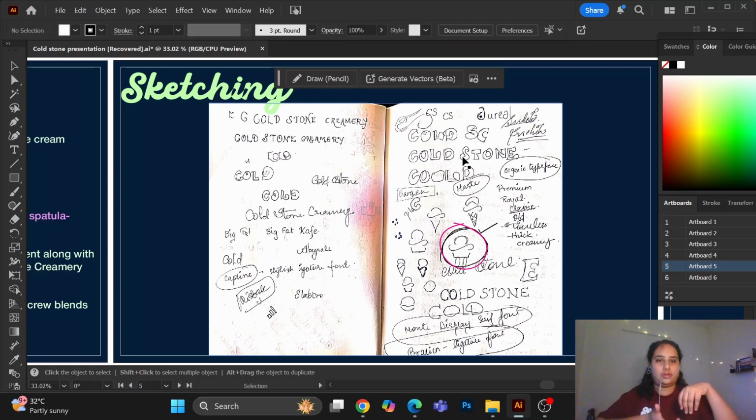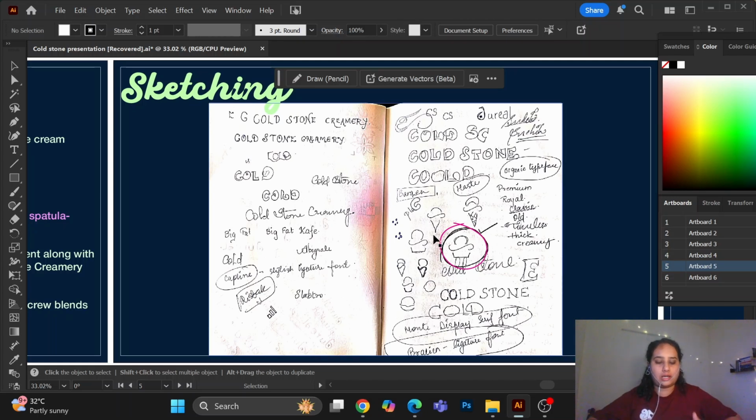So what I thought, if we could keep the C above the horizontal S, it can look like two or three scoops of ice cream, and we can keep it on a waffle or something like that. So that was the main idea I got, and then I started working on it.